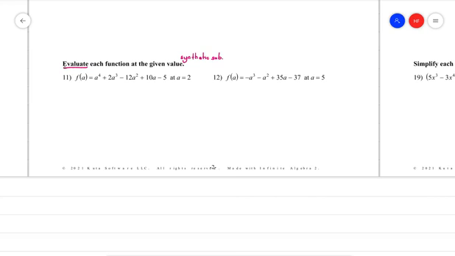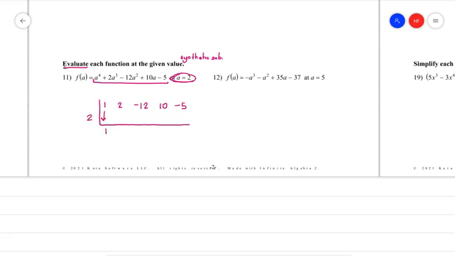When we use synthetic substitution, we take this value as is, so don't change that one. And then we are going to check from here to here, make sure that we have all of our exponents. We start with a 4, then a 3, then a 2, then a 1, then a constant. So they're all there. We're going to take out their coefficients. We have a 1, 2, negative 12, 10, and negative 5. And we're dividing by 2.